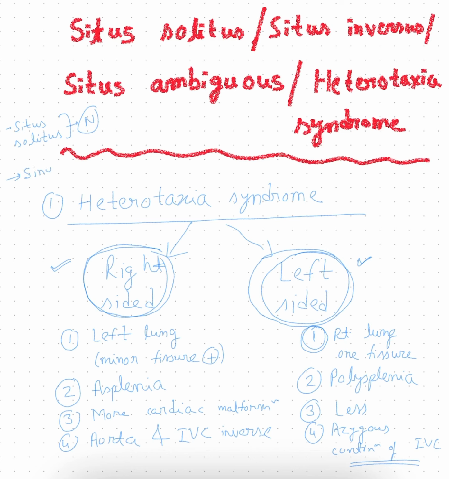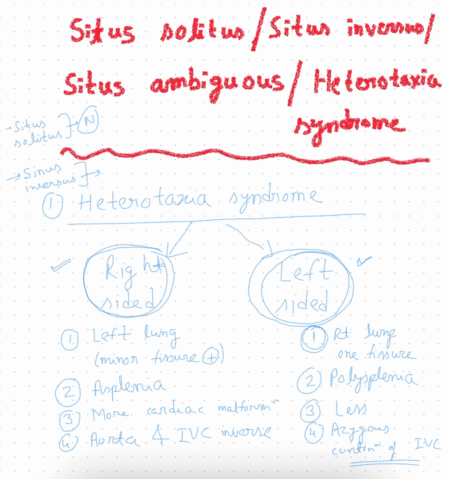In the situs inversus totalis, there is a complete change in the orientation or change in the anatomical location of body organs, and that is termed as the situs inversus.